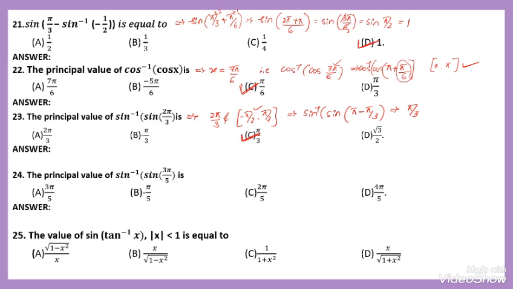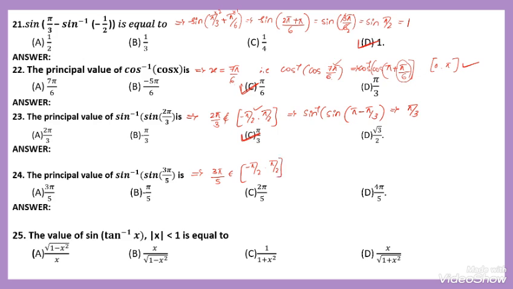Again, the principal value of sine inverse of sine 3 pi by 5. Here 3 pi by 5 does not belong to the range minus pi by 2 to pi by 2.